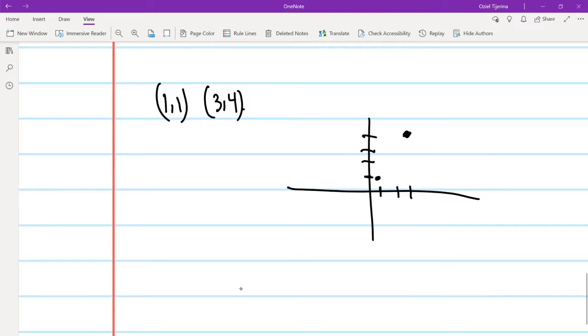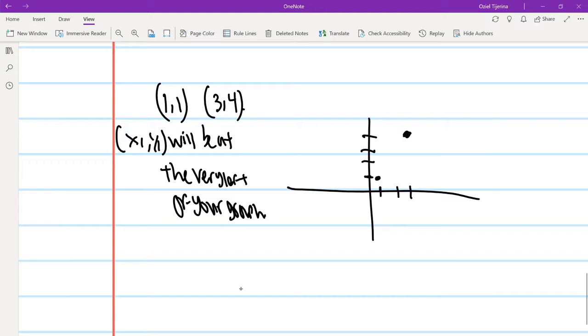The main thing to know what is x1 and what is y1 is you have to go from left to right. So x1, y1 will be at the very left of your graph. And then x2, y2 will be at the right. So right here, for example, if we look at the very left, we can see a point that is right here, 1, comma 1.